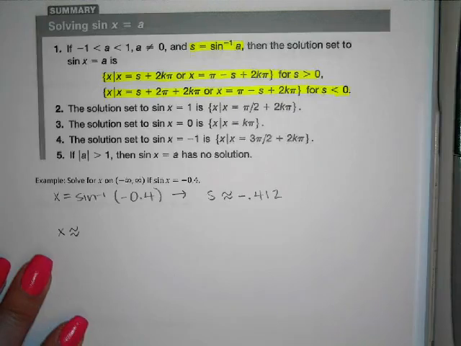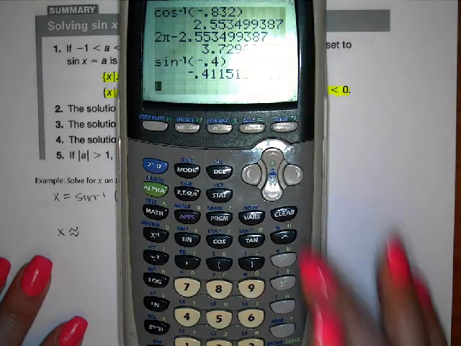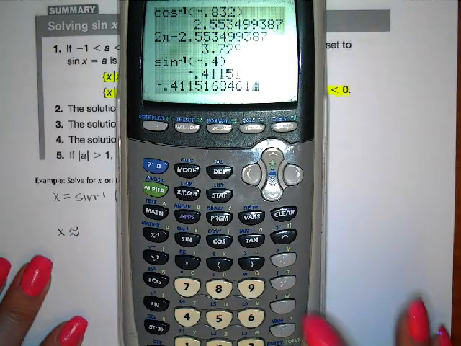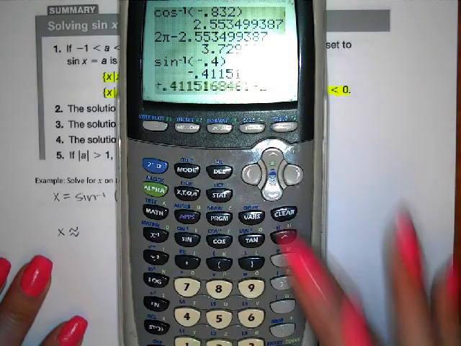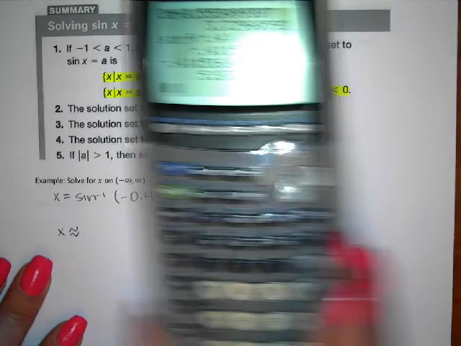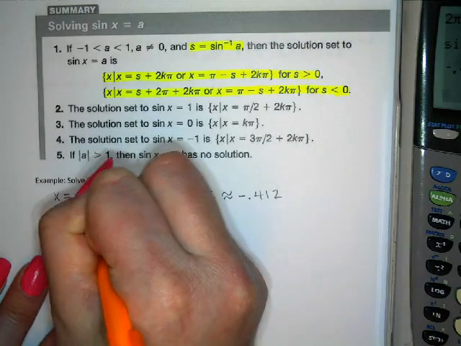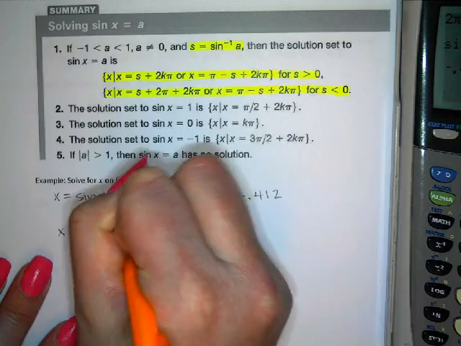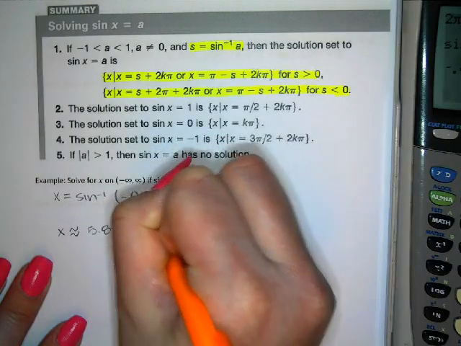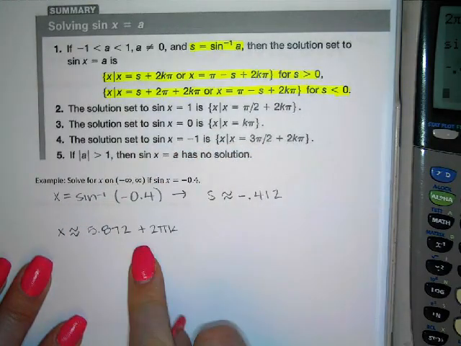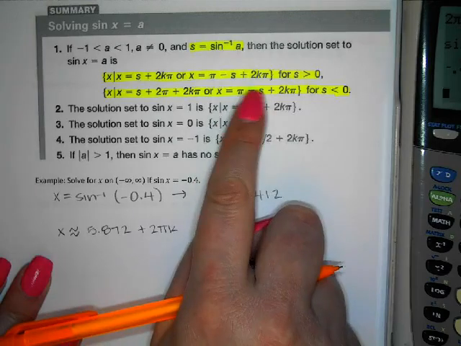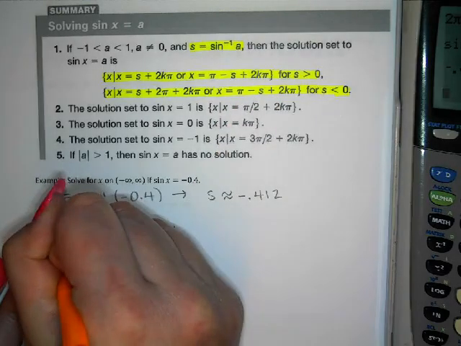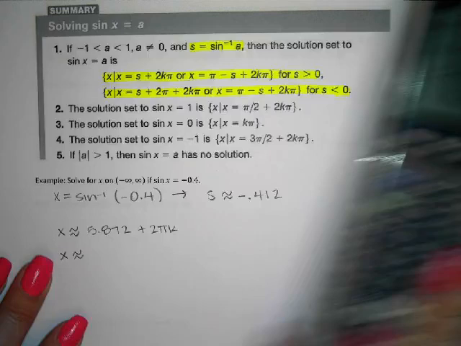And so I'm going to take this answer and I'm going to add 2 pi. So this is my S plus 2 pi, 5.872, now plus 2 pi k. And then my second answer is going to be pi minus S. So I'm going to do pi minus, and then I'm going to go back up here.